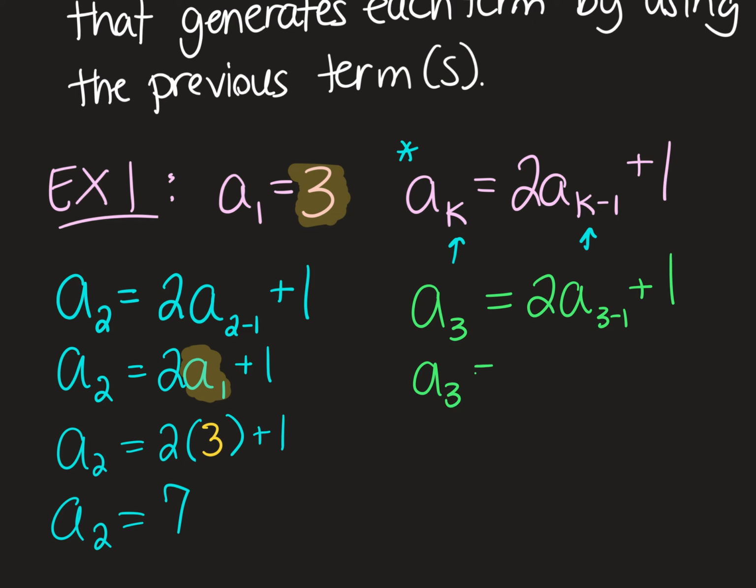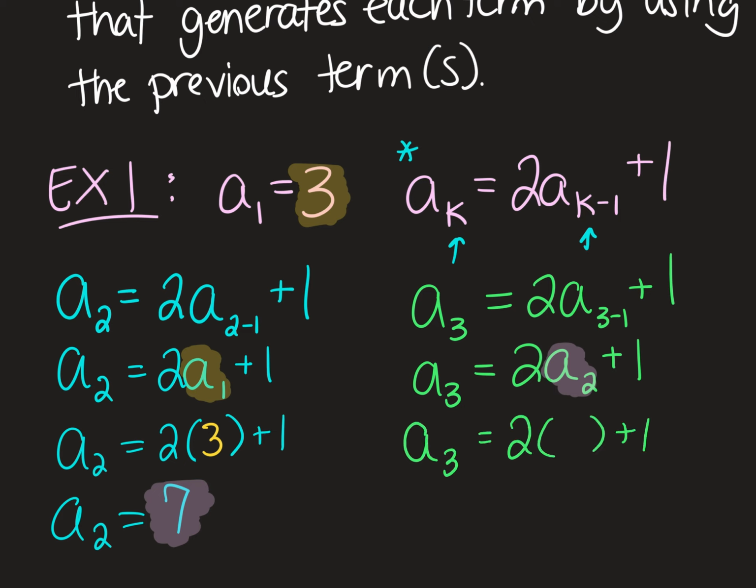Well, that means we're going to have 2 times a sub 2 this time, and then we'll add 1. And good news, we know what a sub 2 is. We found that in the previous calculation. It's just 7. So I'm going to do 2 times 7, and then I'll add 1.